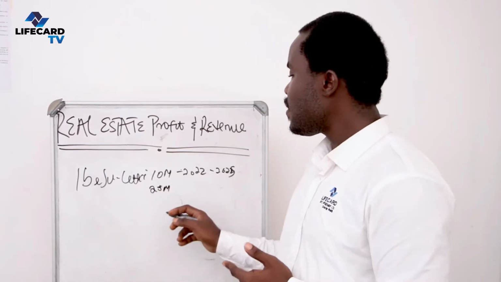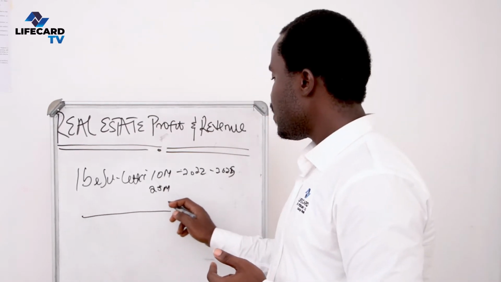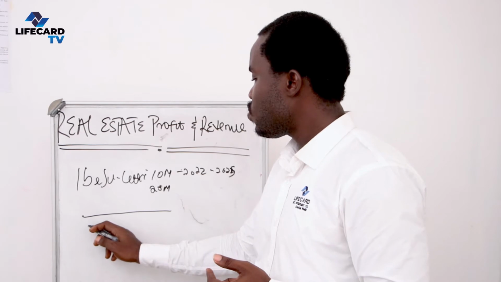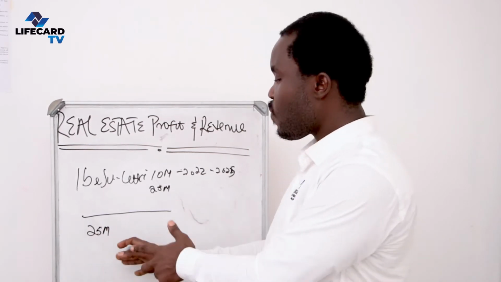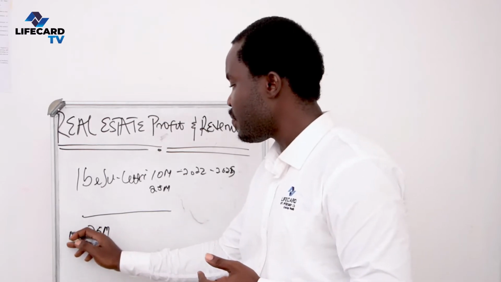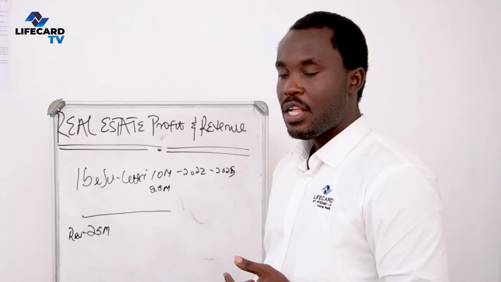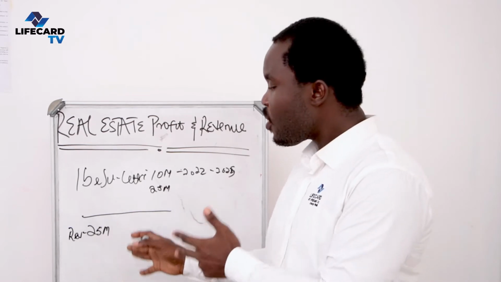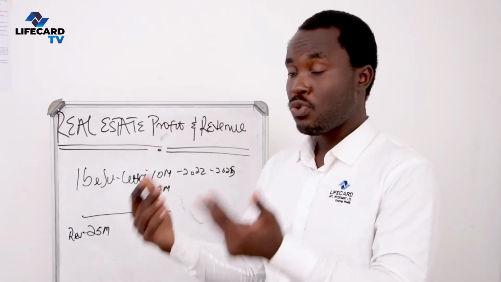If you decide to sell this same property, your revenue here is 25 million, because this is what you sold it for, and this is what came in. This is your revenue. REV for revenue. So you want to know your profit. Your profit is the difference between how much you bought it for and how much you sold it for.